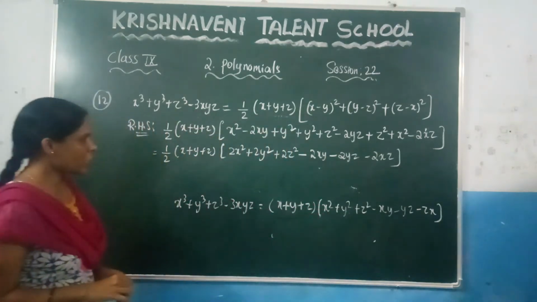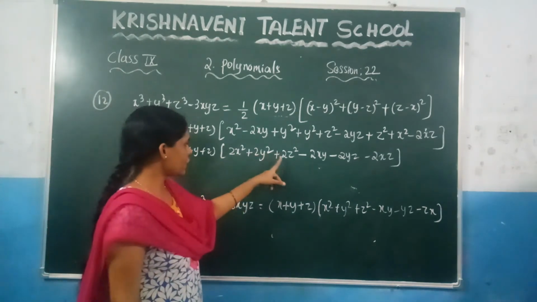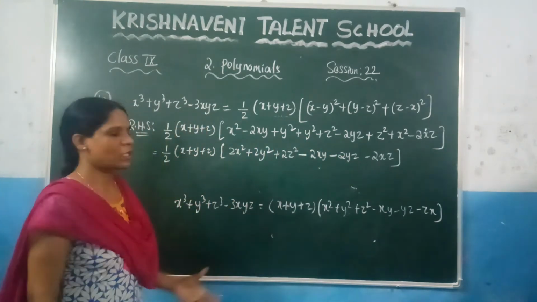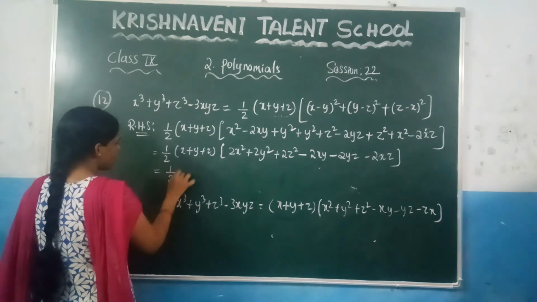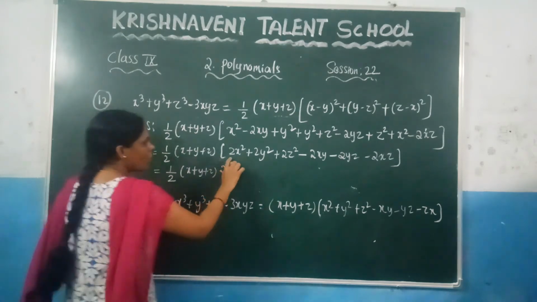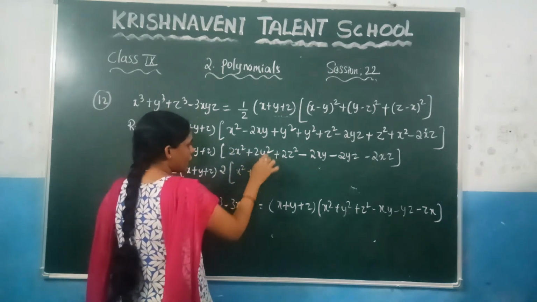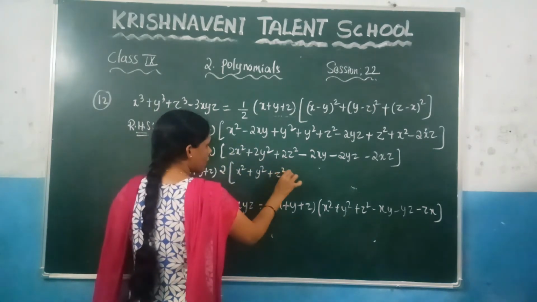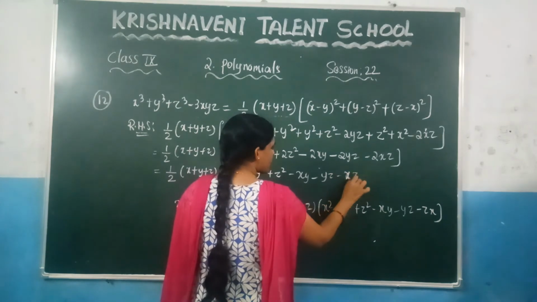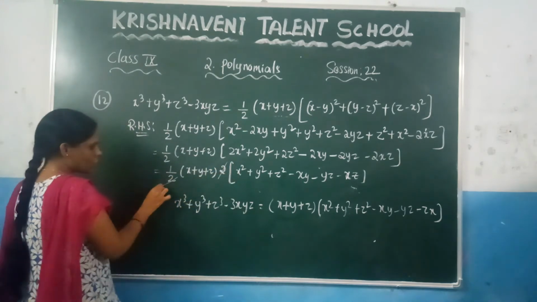Here you can observe that in all these terms 2 is there, right? 2 here, 2 here, 2, 2, 2. So take 2 outside, and you can observe that this 2 and this 2 will get cancelled.